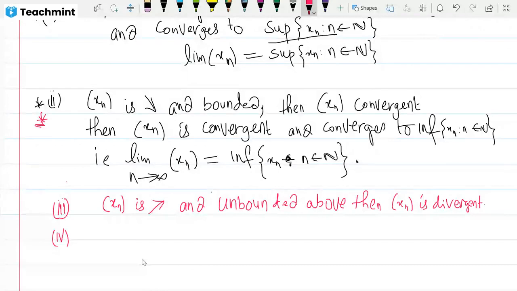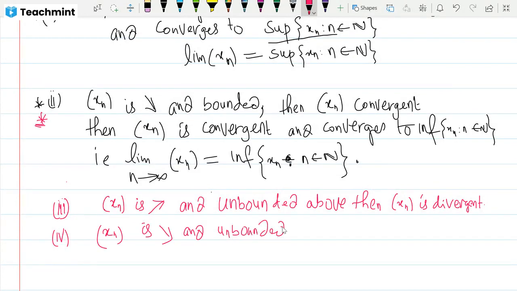Yes sir, okay sir, fine. And the fourth result is, if xn is decreasing and unbounded below, then xn is also a divergent sequence.